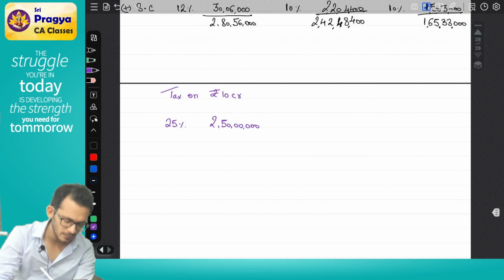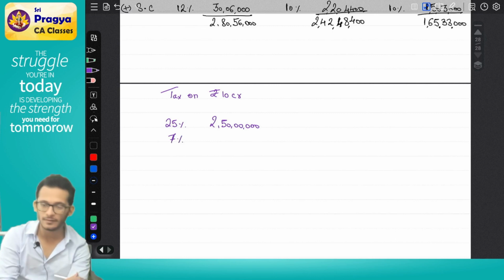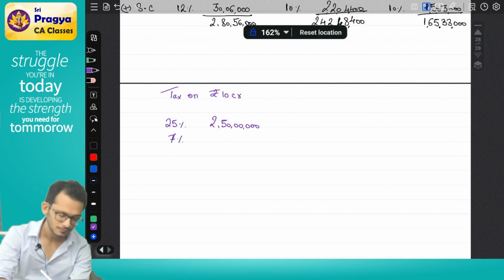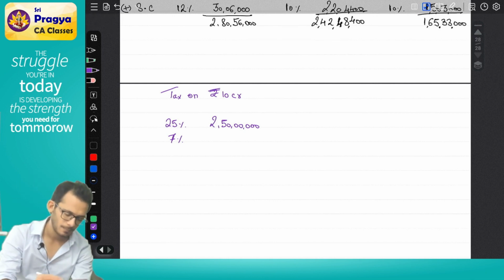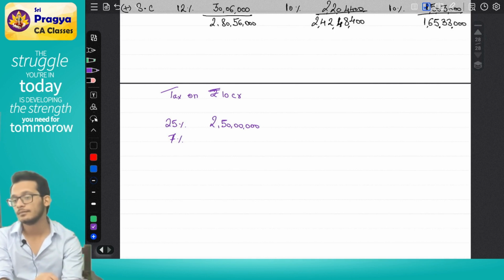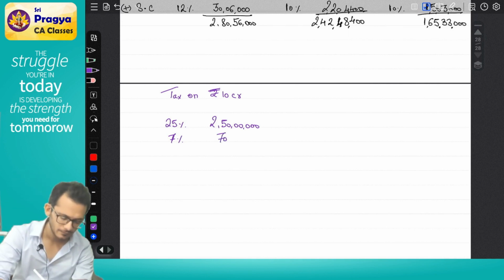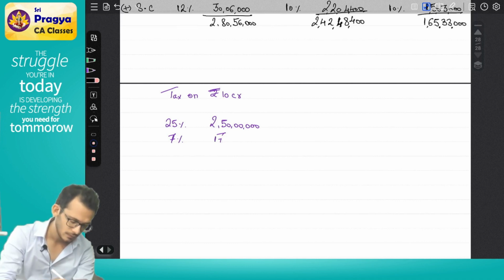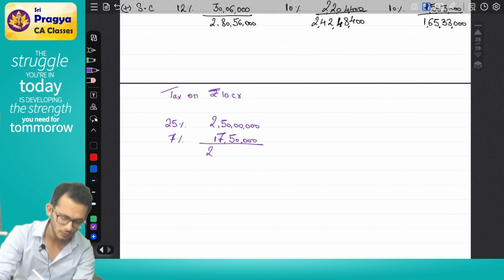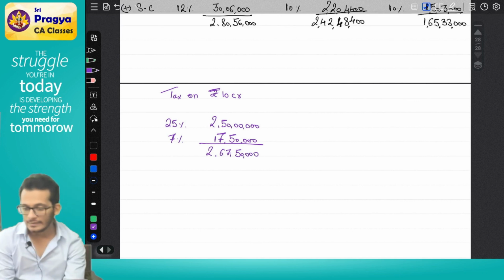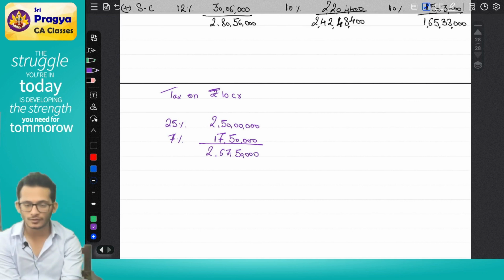No, it is 7%. 7% of 2 crore 50 lakhs is 17 lakh 50,000. Total: 2 crore 67 lakh 50,000.